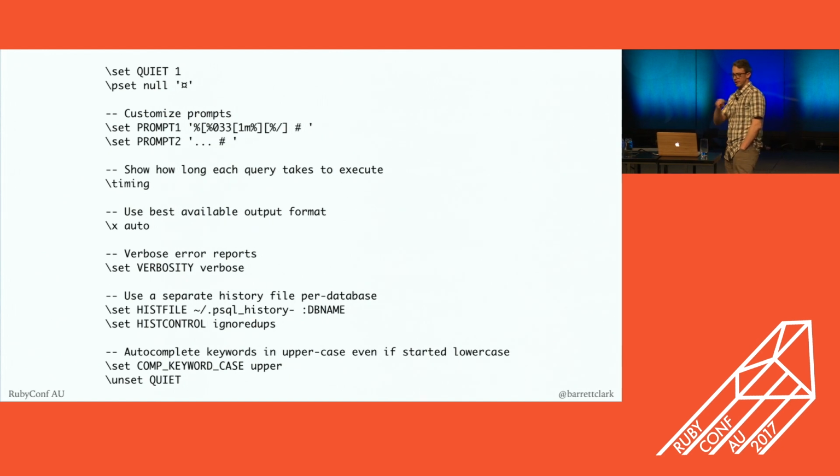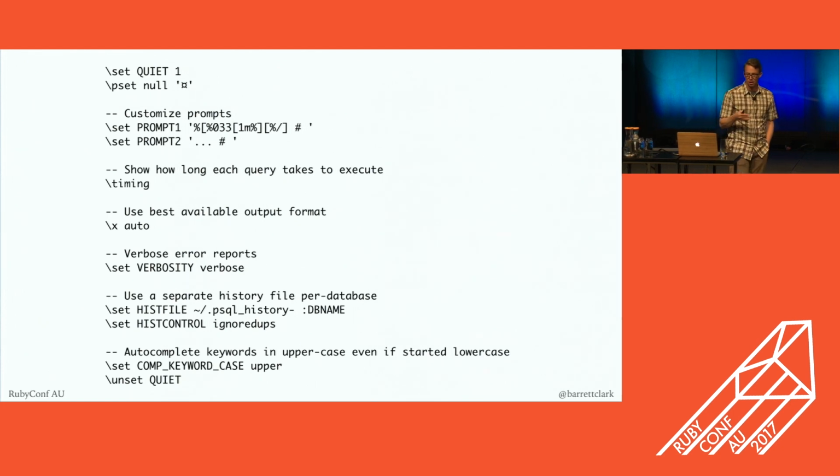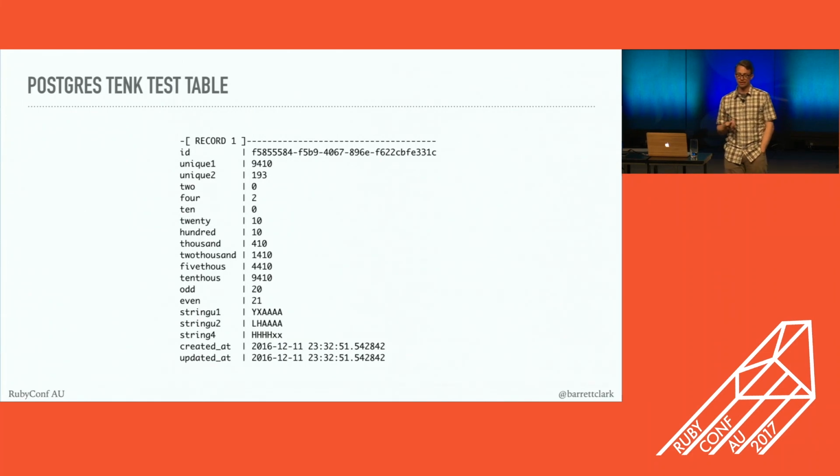Looking through here, you can set a prompt that tells you what server you're on. The timing will tell you how long the query took to execute. Autocomplete is nice. With the history file, you can have a different history file for each database you connect to. And that \x auto is how I get output format that looks like this. It'll either display the results in a table grid or one record at a time, depending on the fields in the data.